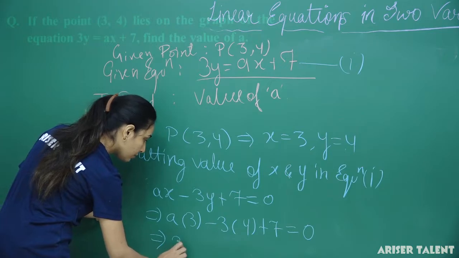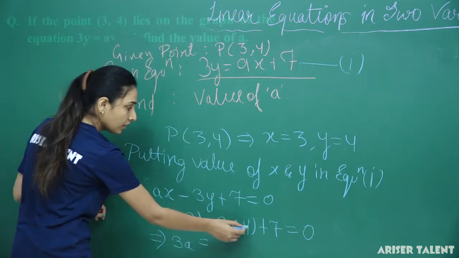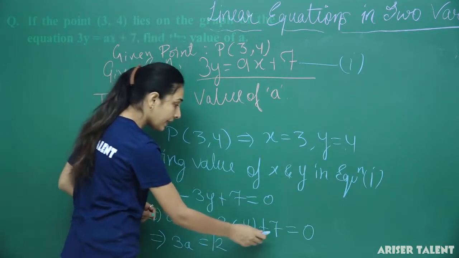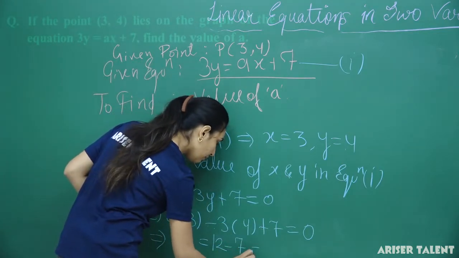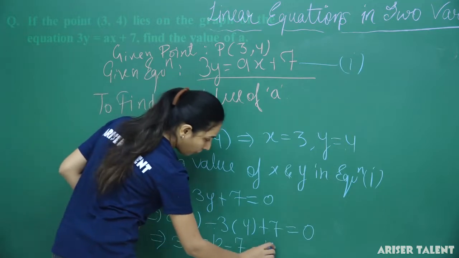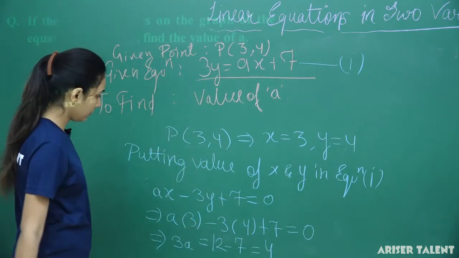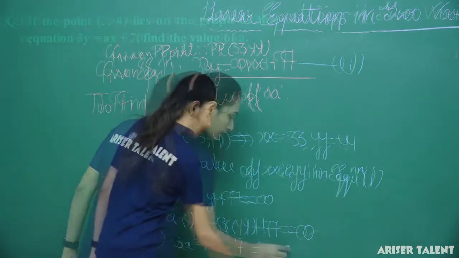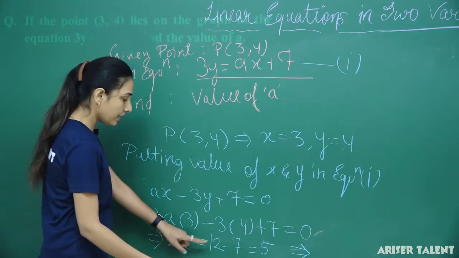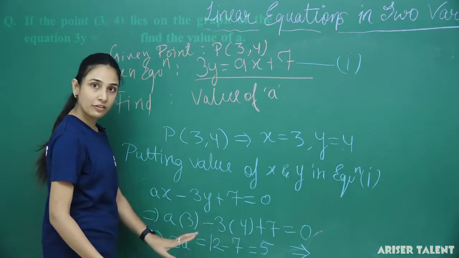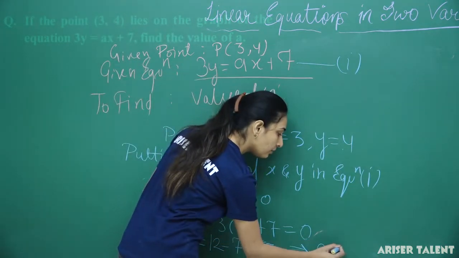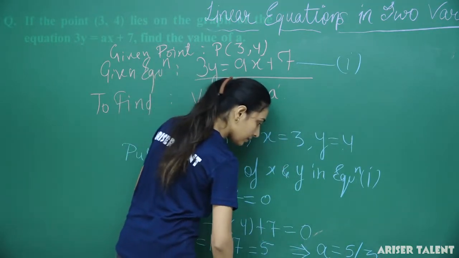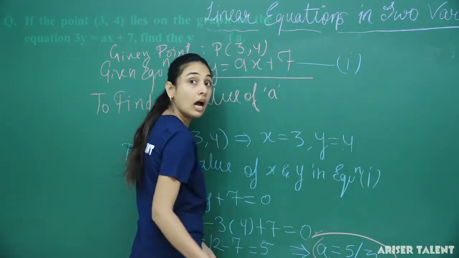That is 3a - 12 + 7 = 0. Transposing, 3a = 12 - 7, which is 5. So 3a = 5, that means a = 5/3. Now this is your answer.